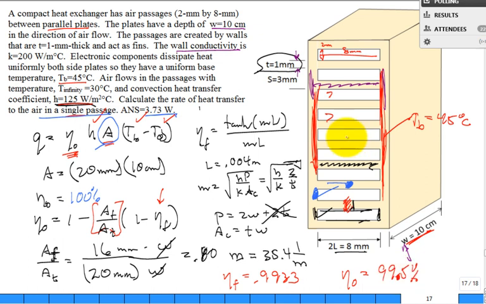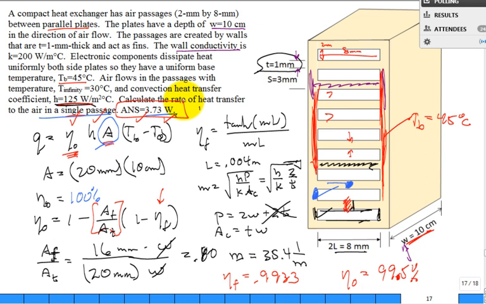Basically, if I was a designer, I'd say thin that out. You don't need it that thick. Save some aluminum. Open up the passage, or put more passages in that are not as far spaced. You don't need that thick of a fin. All right. So then you come back to this equation. You just calculate eta naught, and you can calculate Q.